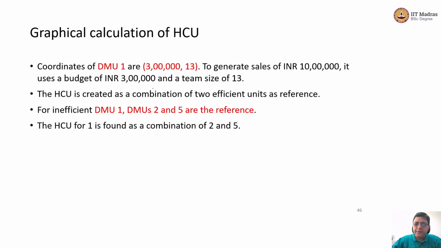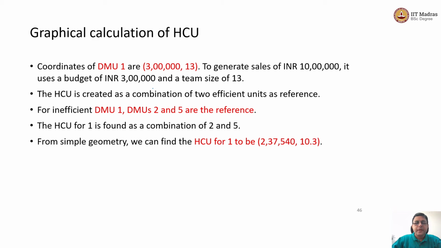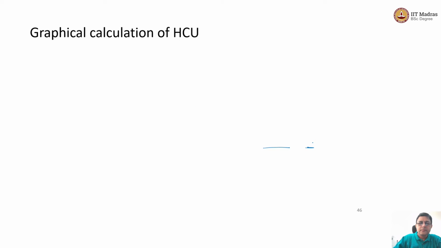So how are you going to find that? You are going to find that from the point of intersection, right? And I leave that simple geometry to you. I will simply present the final result, and we can find that the hypothetical composite unit for DMU1 has coordinates of 237,540 and 10.3. Okay, so go back.